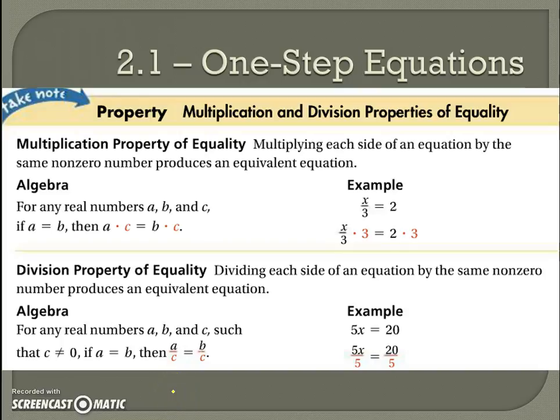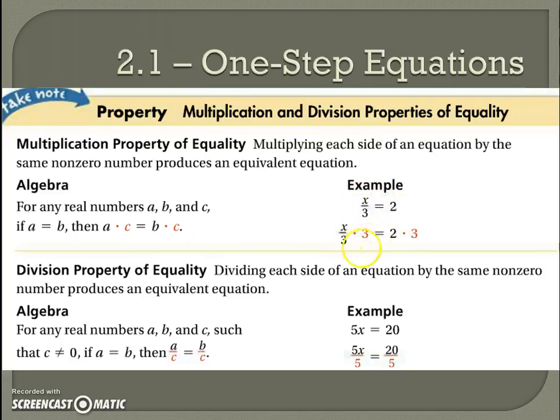All right, so it works very similarly with multiplication and division, so go ahead and pause and copy these things down. If I multiply one side of an equation by a value, as long as I multiply the other side by that exact same value, then what I call the integrity of the equation remains intact. In other words, this will stay true. Over here we have x over 3 equals 2.